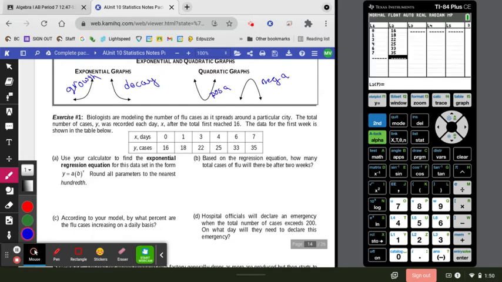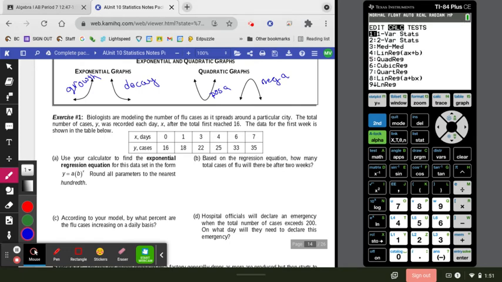So you can see here on my calculator that I did stat edit list and I put my X values in list 1 and my Y values in list 2. So now I'm going to find the exponential regression. To find that, I'm going to go to stat, calc, and you can see that if I arrow down, option 0 is exponential regression.